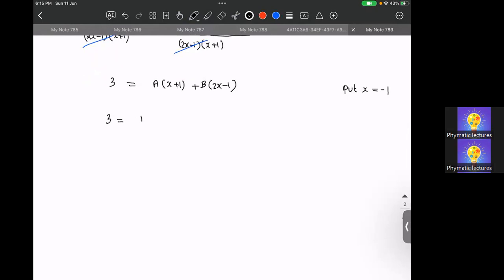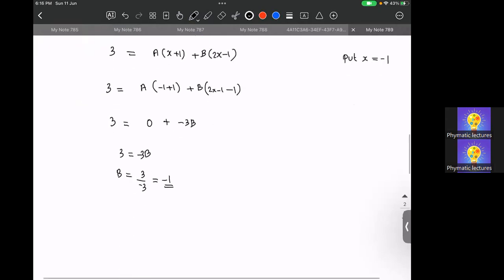So what happens? 3 is equal to A times (-1 plus 1) plus B times (2 times -1 minus 1). So 3 is equal to 0, because -1 plus 1 is 0, 0 times A is 0, plus 2 times -1 is -2, minus 1 is -3B. So 3 is equal to -3B, or B is 3 over -3, and that is -1.